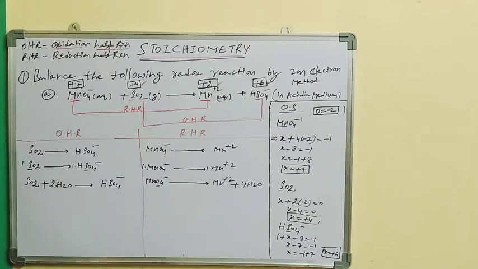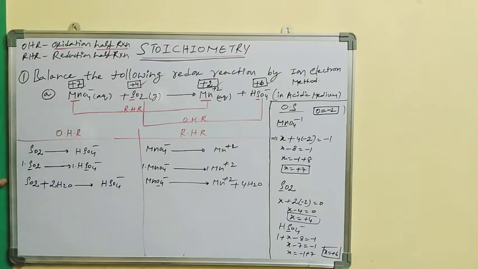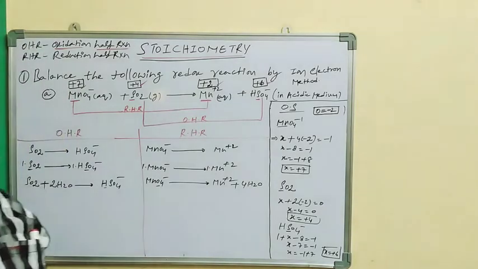Next, balancing hydrogen atoms by adding hydrogen ions to the deficient side. See here, on the reactant side, how many hydrogens are there? 4 hydrogens are there. Here 1 hydrogen is there. So how many hydrogens are deficient, students? 3 hydrogens are deficient.